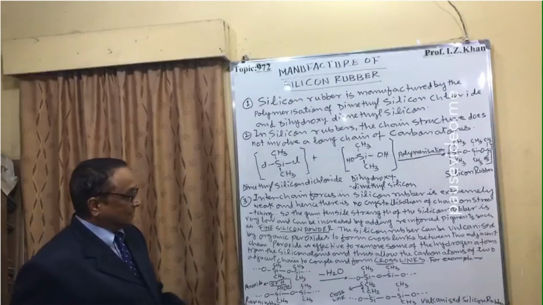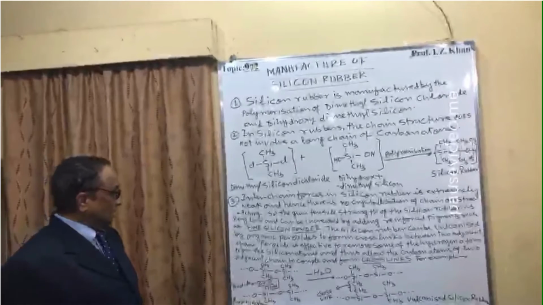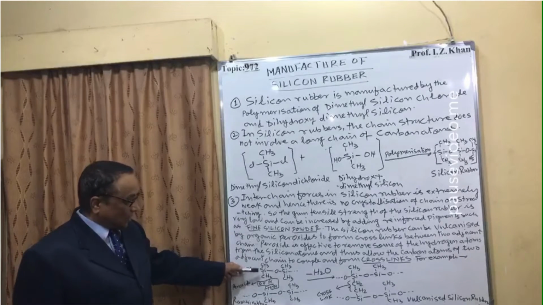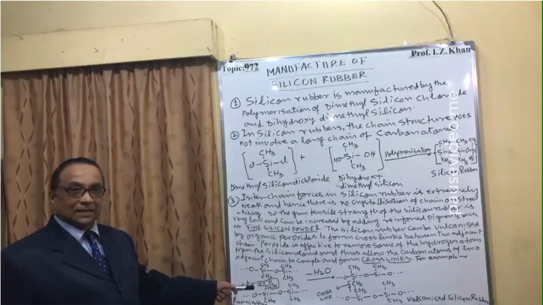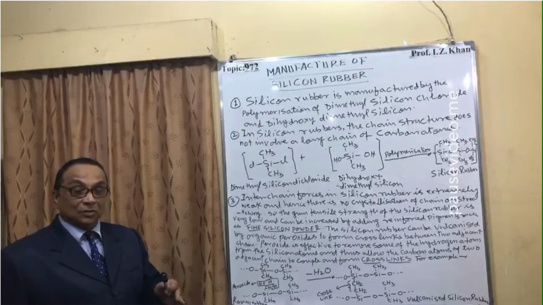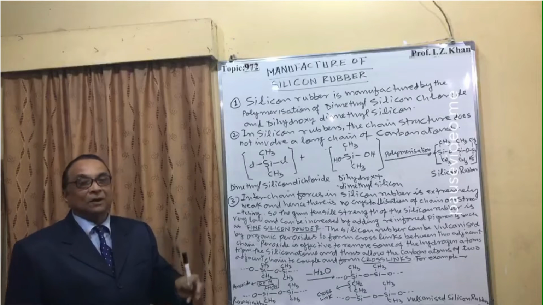Peroxide is effective to remove some of the hydrogen atoms from the silicon atom. So here I have already told you that this peroxide is very effective to remove some of the hydrogens from the silicon atom, and those hydrogens are attached in the form of methyl groups.